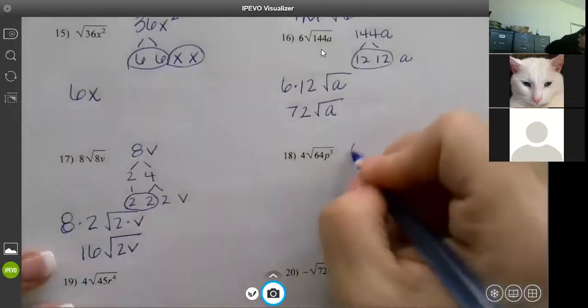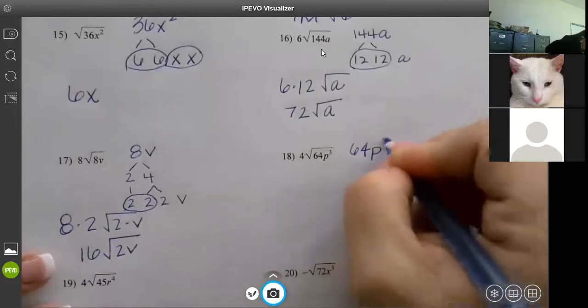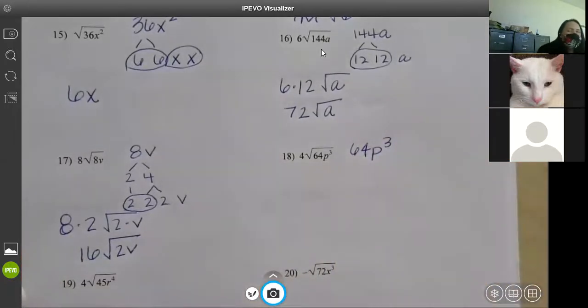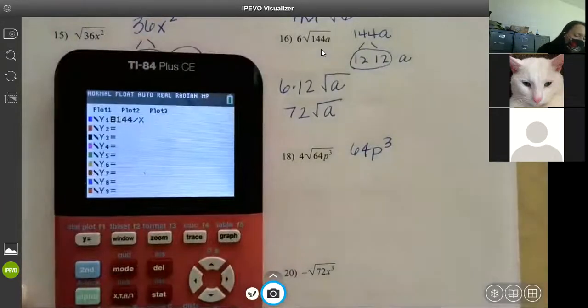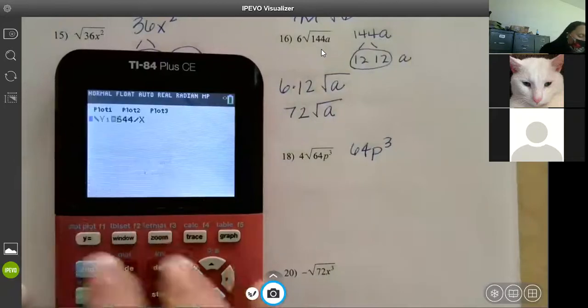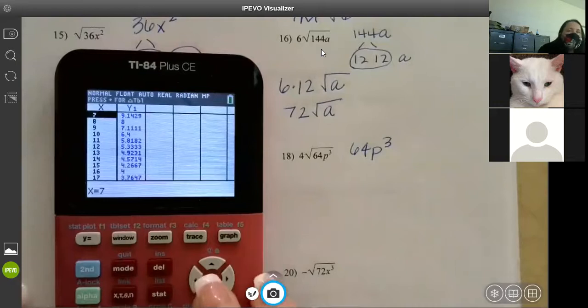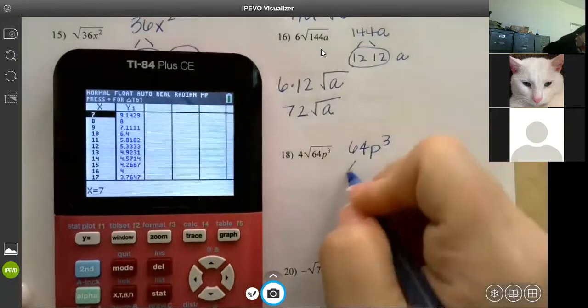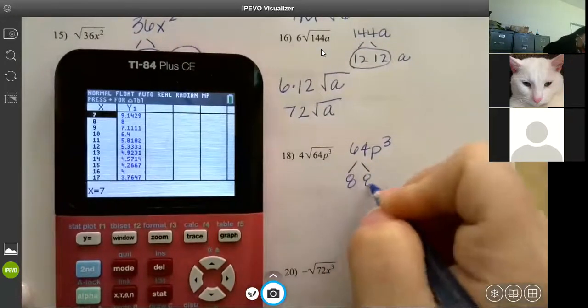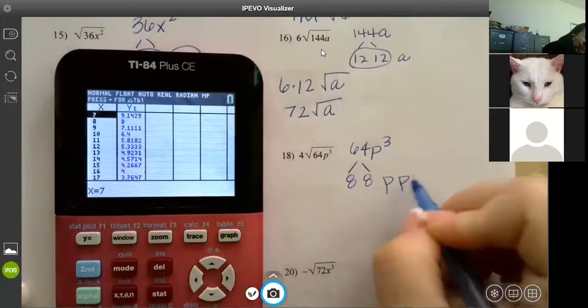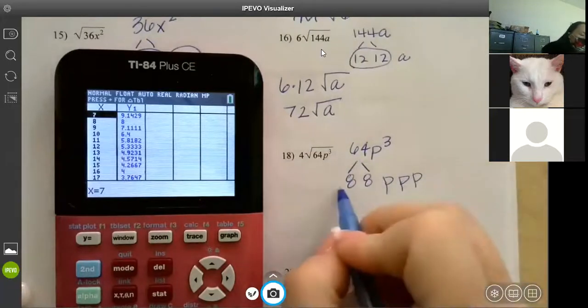All right, 64P cubed. What are your factors of 64? If I'm not sure, I check my table. There's a pair, 8 and 8. Don't break them down anymore. It's already a pair. And I have 3 P's.